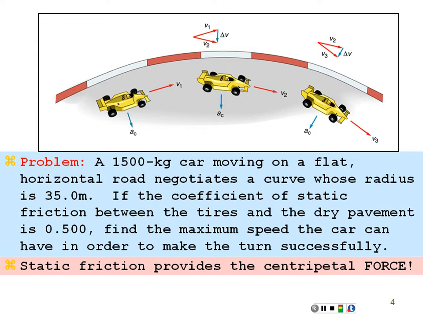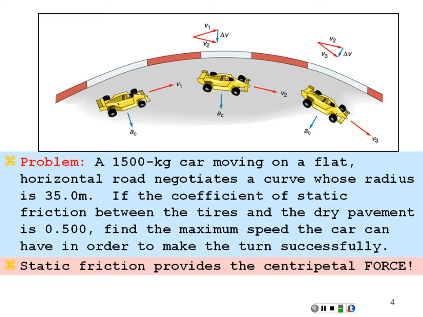Why static friction? I mean, the car is moving. Why is it static friction? Well, because the car is moving in a forward direction, but we're talking about an acceleration and a force towards the center of this circle, which is perpendicular to the direction that the car is actually moving. The motion of the car is tangential on this circle, and the radial force is towards the center of the circle, and hopefully there's no movement of the car in that direction.